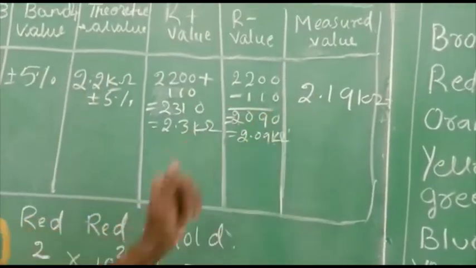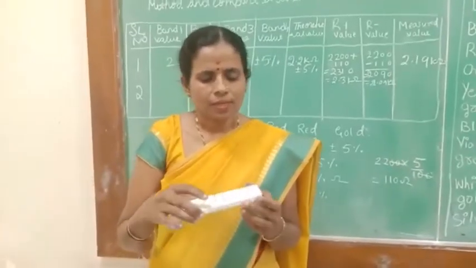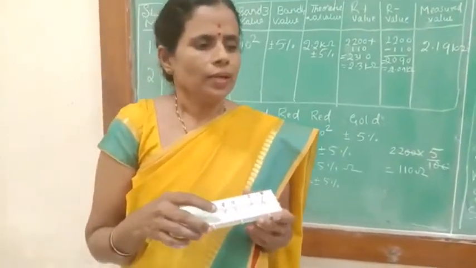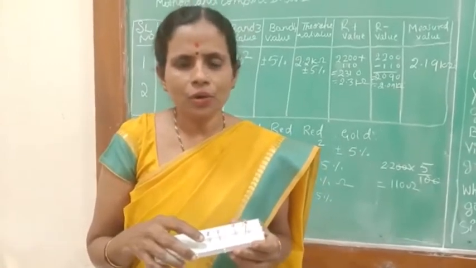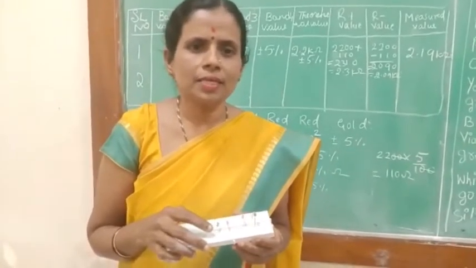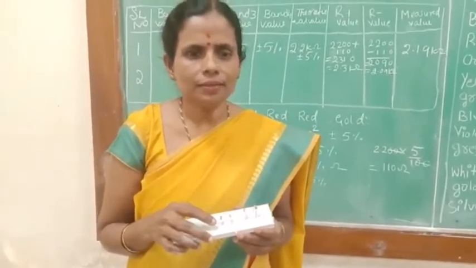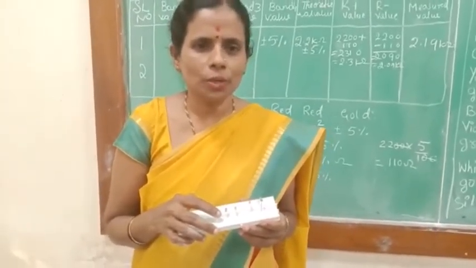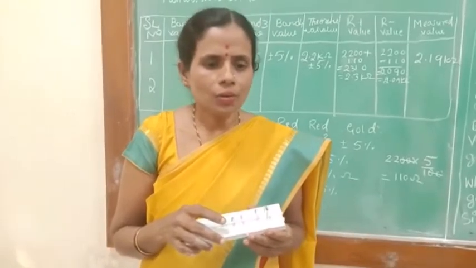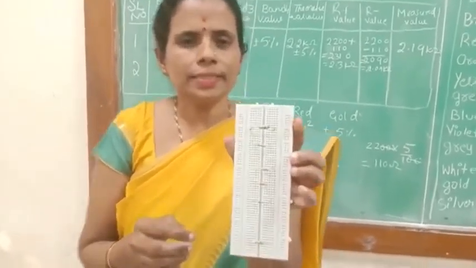Okay, students. Just now I determined the value of the resistor for the gold tolerance band. The fourth band I considered as a gold band. Now I will take one more resistor which has a silver band. So let us see the resistor, students.